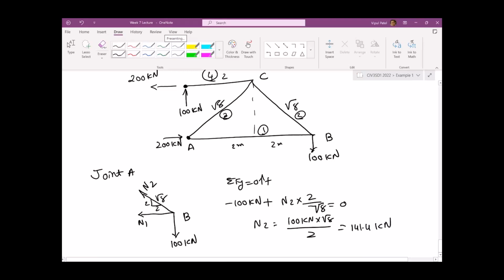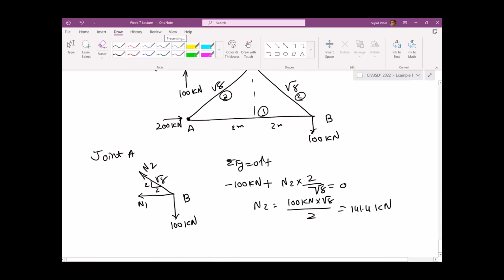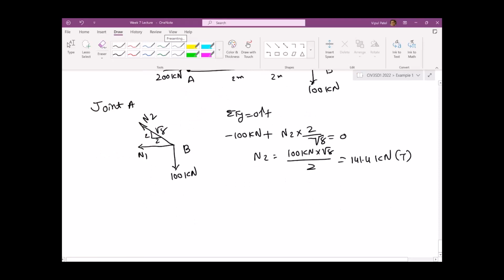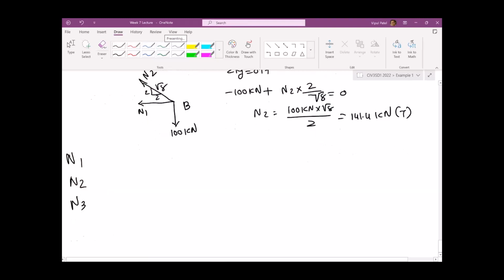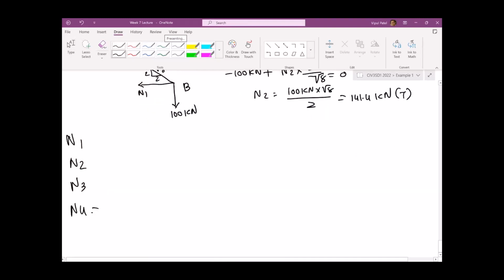That is tension, and N2 is positive. Let me put a list of N1, N2, N3, and N4 somewhere. N2 we found as 141.4 kilonewtons tension.